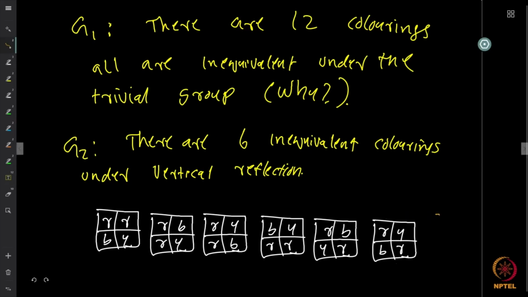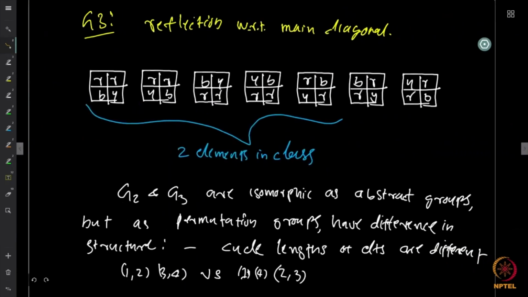You take the reflection of this, and whatever you get, they are both equivalent. So you get 6 inequivalent colorings, because these two are equivalent, these two are equivalent, and so on. So under the action of G2, you have exactly 6 colorings.